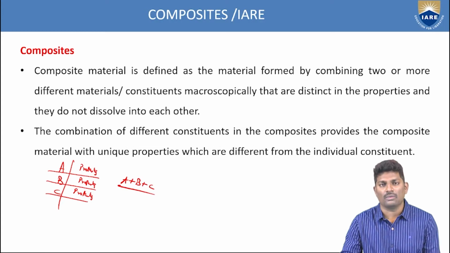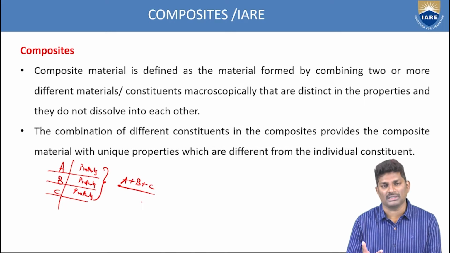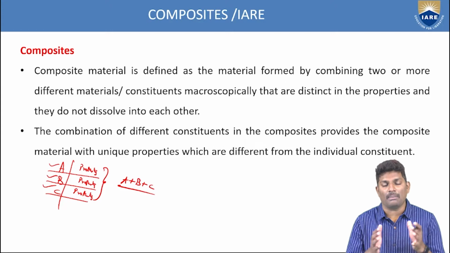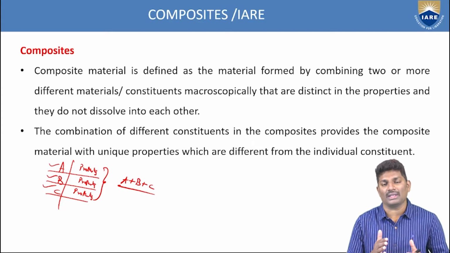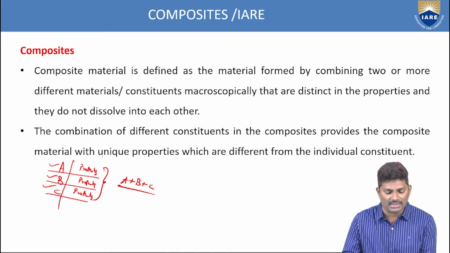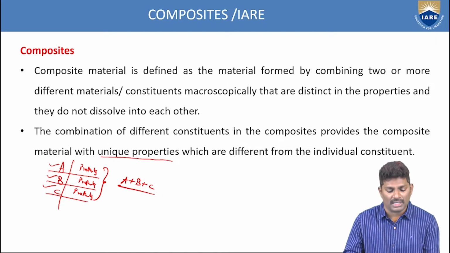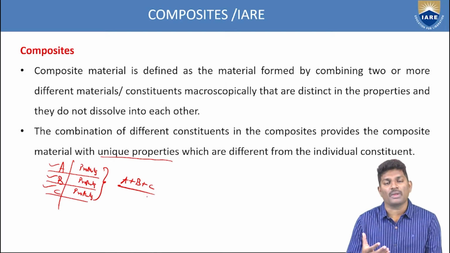If I combine all three materials, what happens to the properties each one has individually? When you combine these three materials, they will have some unique properties. Why? Because all the properties of each individual material A, B and C are combined with each other, so you can enhance the properties of the composite material. That's why it has unique properties which are different from the individual constituents. That means A plus B plus C has better physical as well as mechanical properties compared to the individual materials.